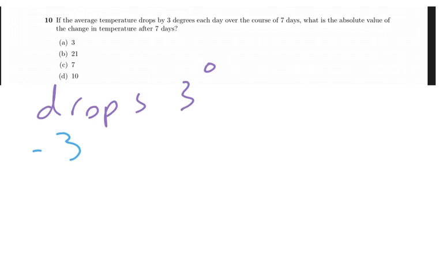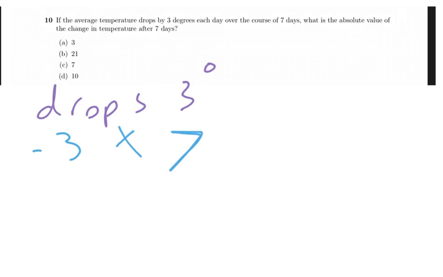And then it says that it is dropping by 3 degrees each day over the course of 7 days. So if it goes down 3 degrees every day for 7 days, we are going to have to multiply. We take that negative 3 and multiply it by 7. They want to know the absolute value of the change in temperature after 7 days.